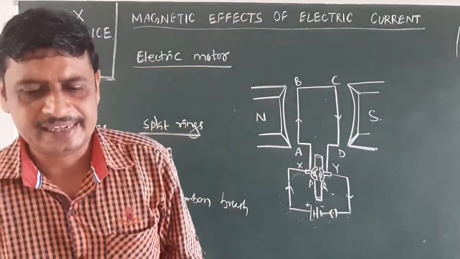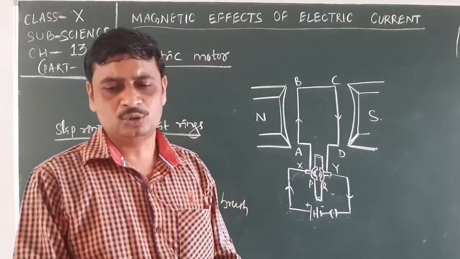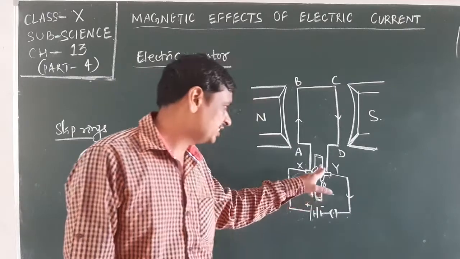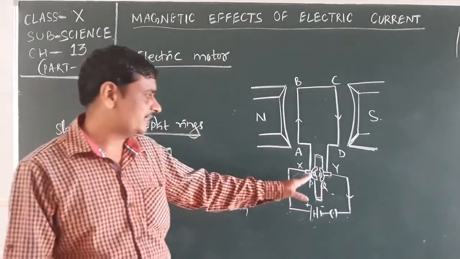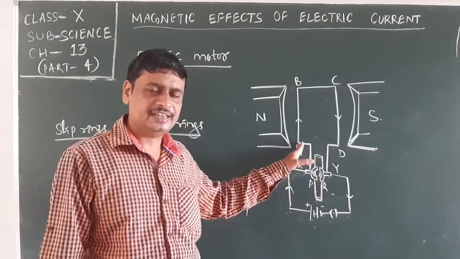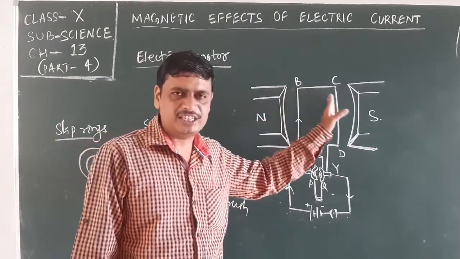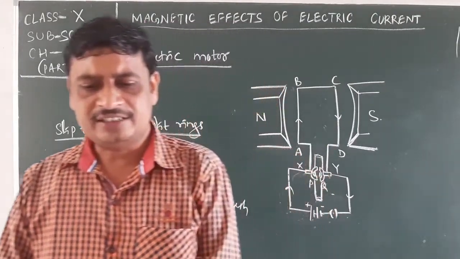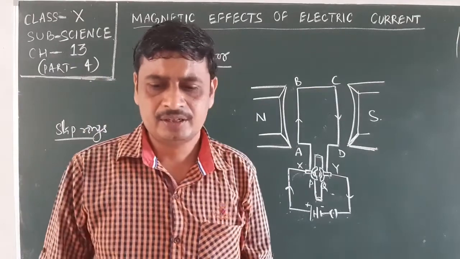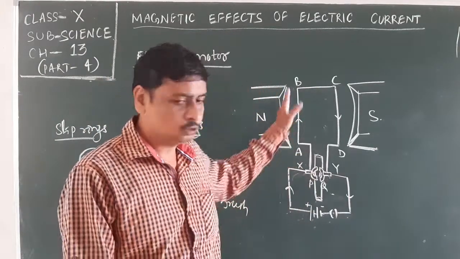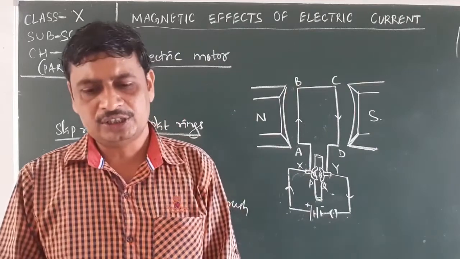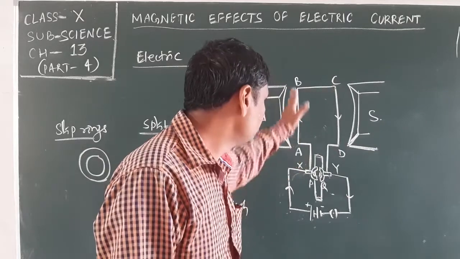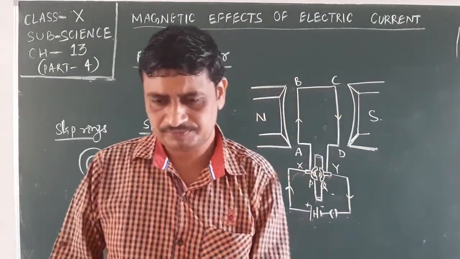Current in the coil ABCD enters from the source battery through the conducting brush. First it comes to X, next to the split ring P. After passing through P, it comes to end A, then point B, point C, point D. You'll notice that the current in arm AB of the coil flows from A to B, which is opposite to the current from C to D. It is from down to top in one arm, but top to bottom in the other.